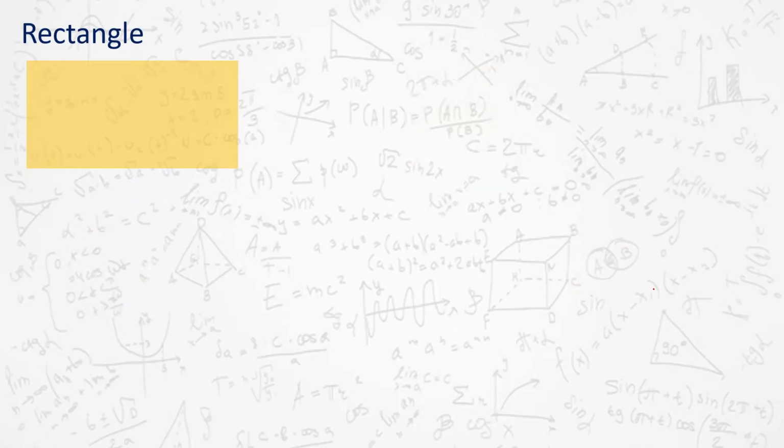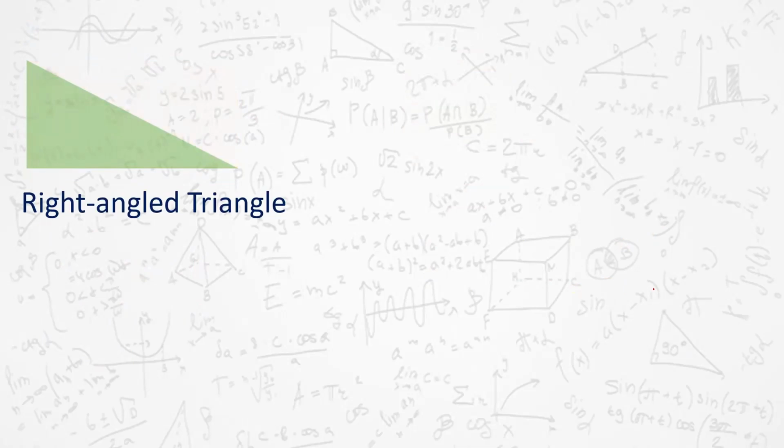Next, we're going to start with a rectangle. Let's look at what happens if I cut it in half. Now I've got a right-angled triangle. Therefore, to work out the area of a right-angled triangle, I still need to do base times height, but my answer has to be divided by 2.